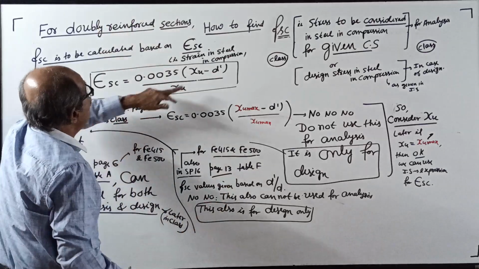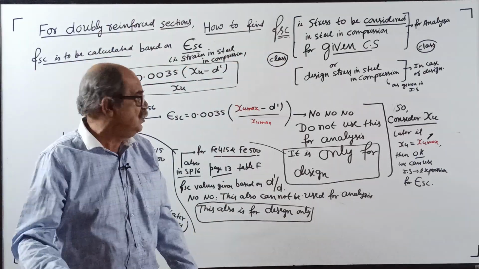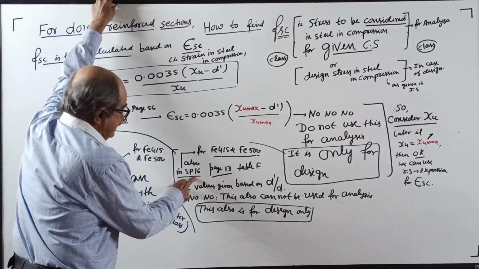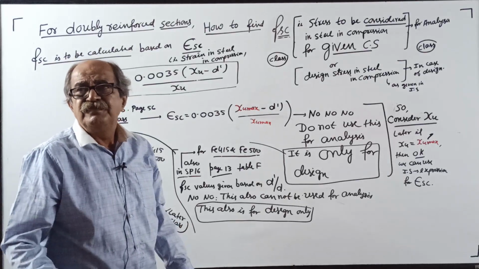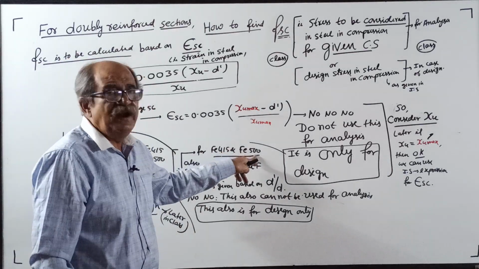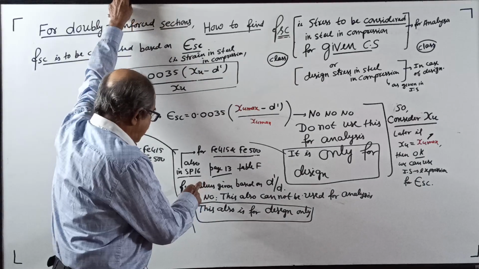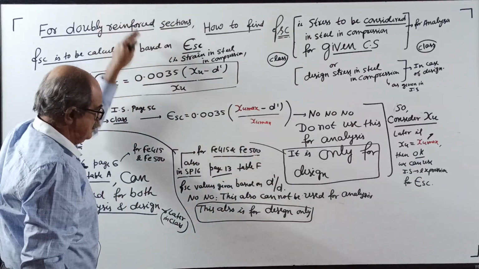See, we require FSC. They have directly given the table. You see SP16, page 13, table F, not the IS code.